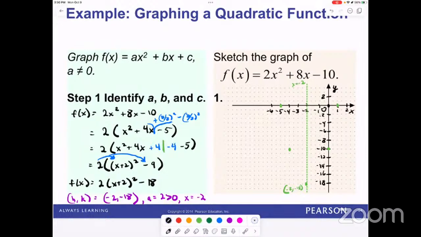So then if we connect these with a smooth curve, part of the problem is I can't see those guys. So then we're just going to connect these dots with a smooth curve, as smooth as we can get it.